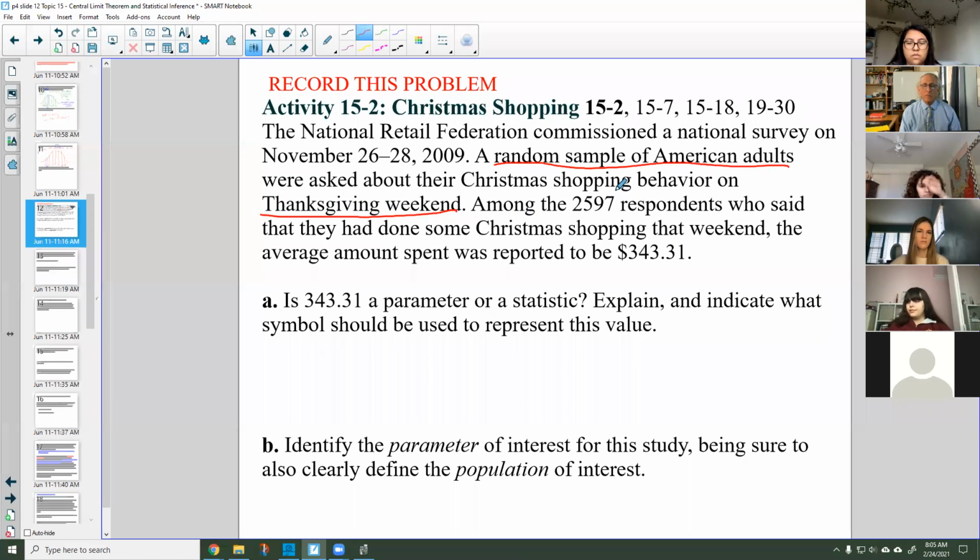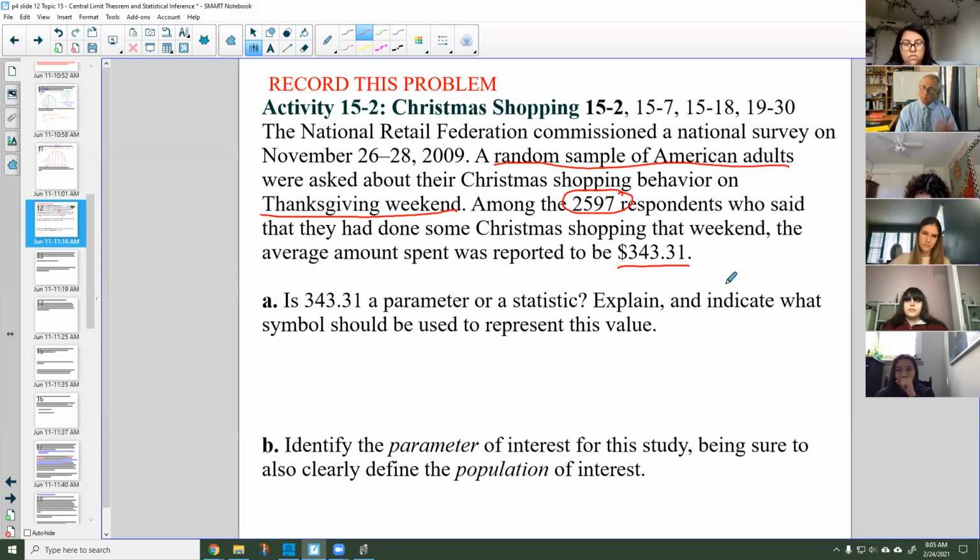Among the 2,597 respondents who said they had done some Christmas shopping that weekend, the average amount spent was reported to be $343.31. Okay, so the scenario gives us a lot of information.